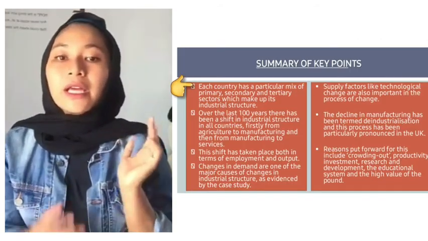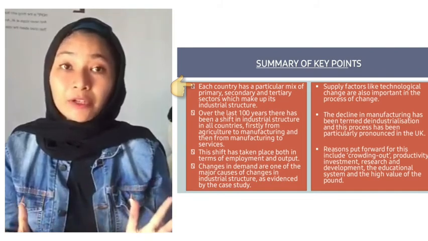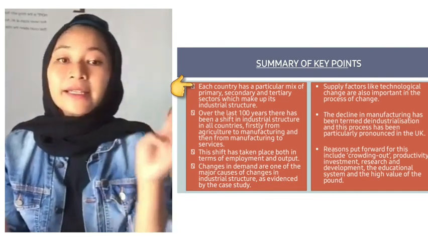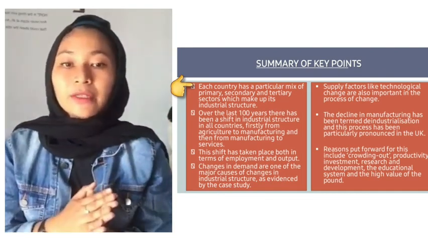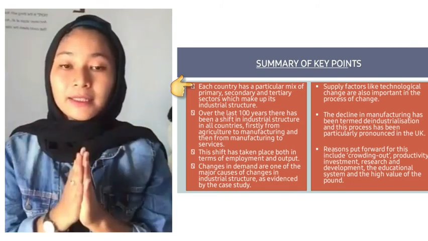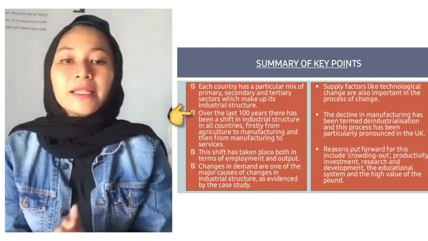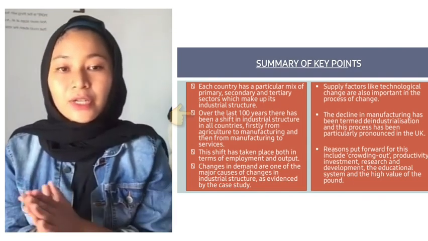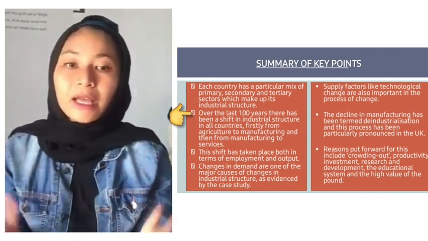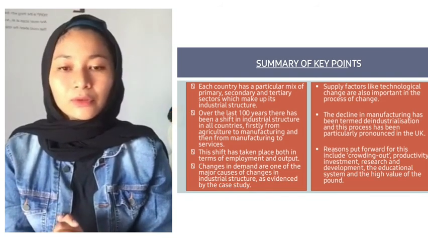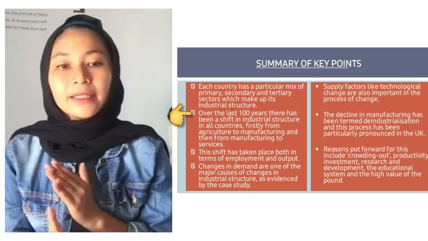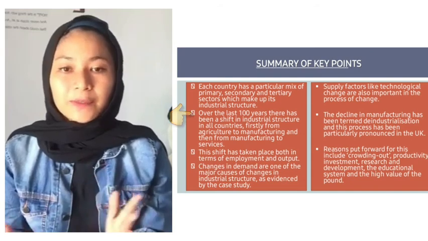The first is that each country has a particular mix of primary, secondary and tertiary sectors which make up its industrial structure. The second is that over the last 100 years, there has been a shift in industrial structure in all countries, firstly from agriculture to manufacturing and then from manufacturing to services.